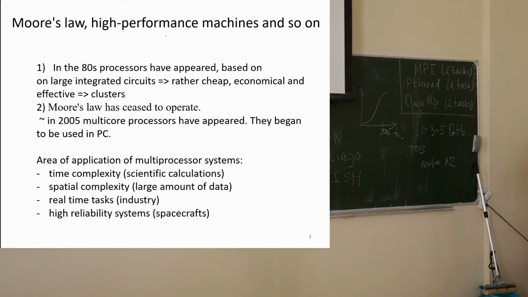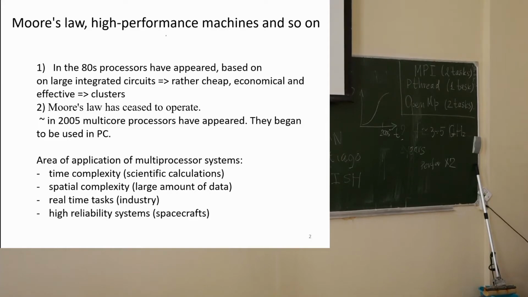Another way to say about Moore's law is every 2 years, the number of transistors in each processor doubles. Okay, double the transistors of processors every 2 years.